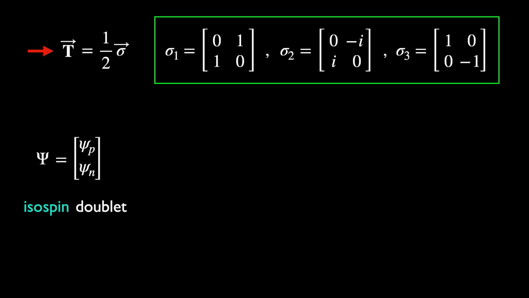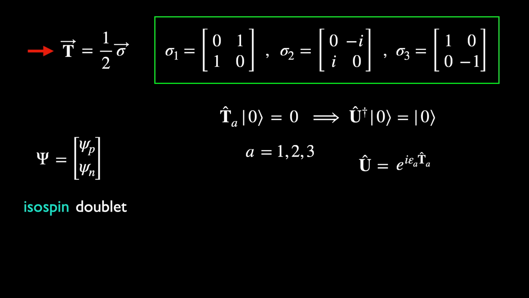Let's go back to the isospin doublet and look at the associated particle states. To do this, we define a vacuum state that is completely symmetric, such that the action of any SU(2) generator brings it to zero. This implies that any transformation from the SU(2) group will leave our vacuum unchanged. We have written this with a dagger purely out of convention.